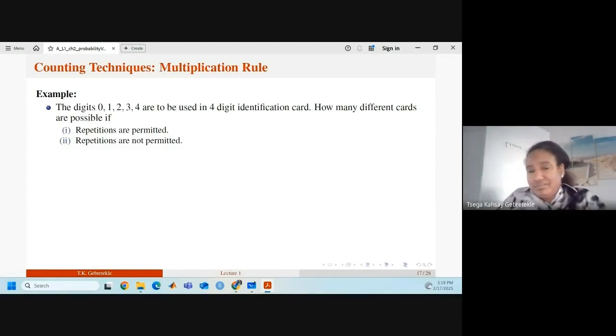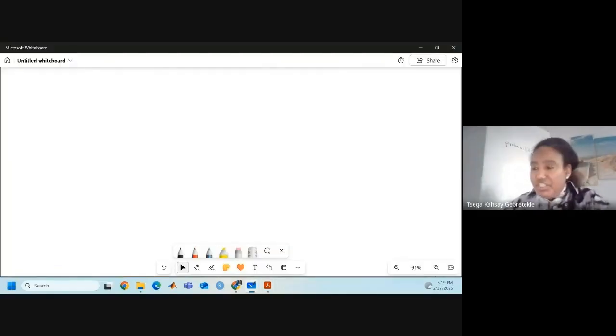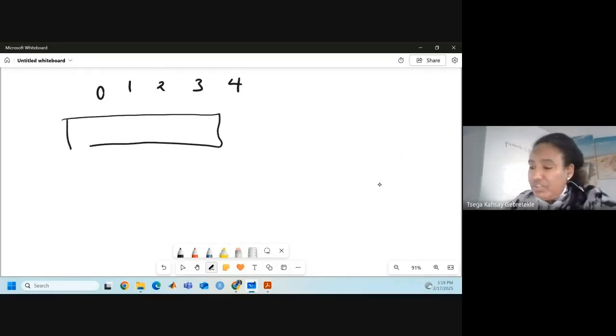Suppose repetition is allowed in the ID card, and so how many different cards can you have? The digits are 0, 1, 2, 3, 4. How many are they? 5. And the ID, how many digits? 4 digits.